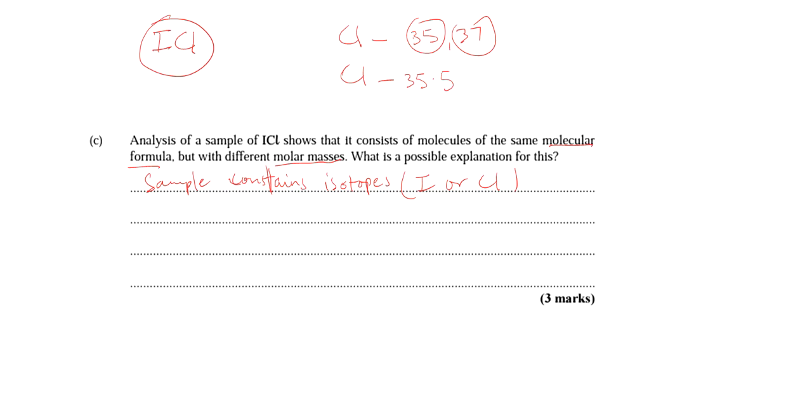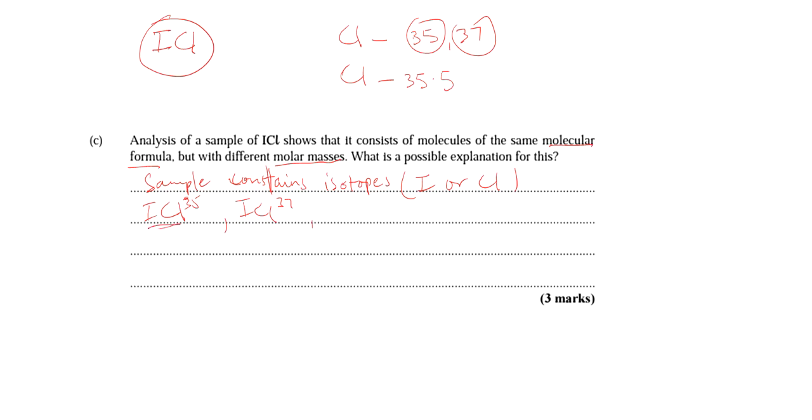So you could have ICl with chlorine 35, or you could have ICl with chlorine 37, and then whatever other isotopes you could get with iodine. The thing is that when you add up the masses, you're going to get a different molar mass.